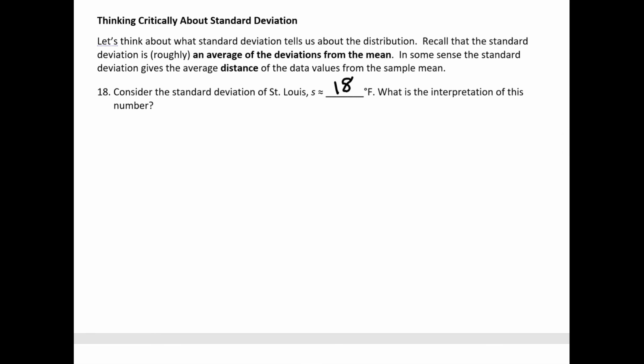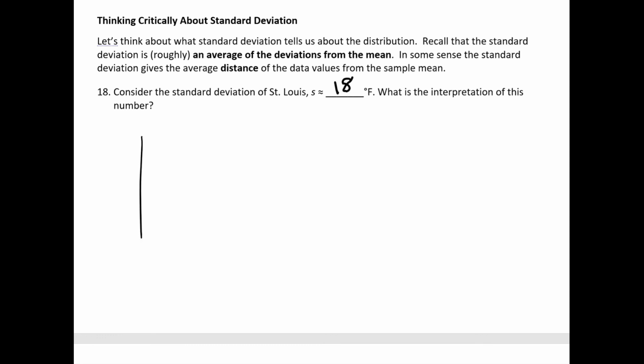Let's think about what standard deviation tells us about the distribution, right? The concept. What is it? What is it telling us if we were to see the standard deviation is 8.3? What is that telling me? So, we can think of it as roughly an average of the deviations from the mean, right?